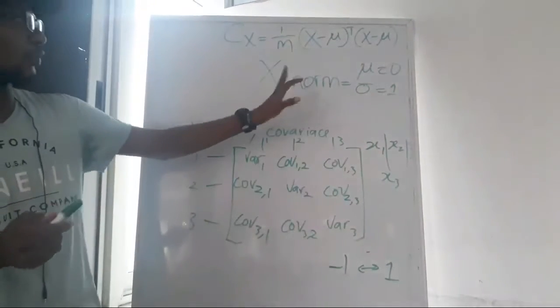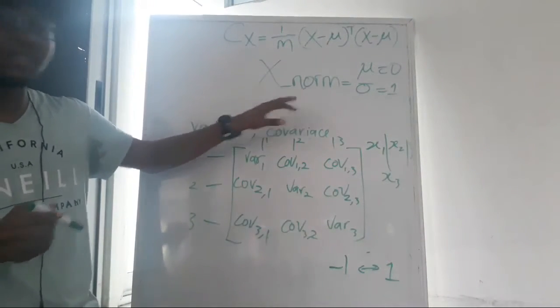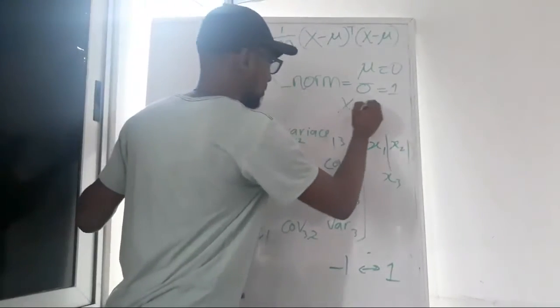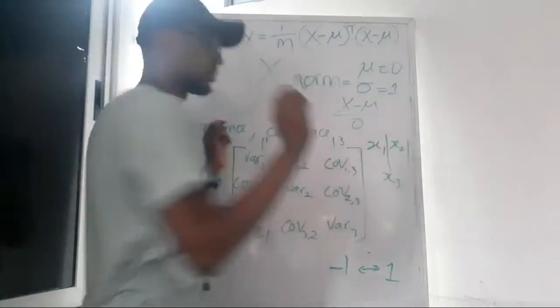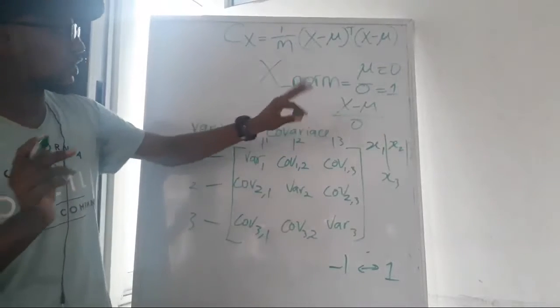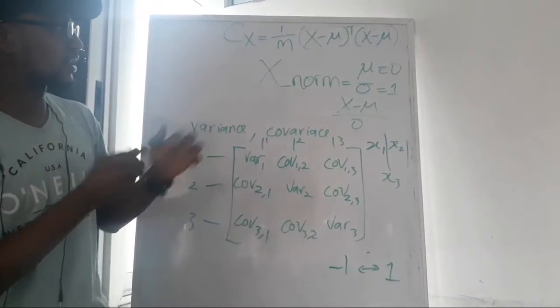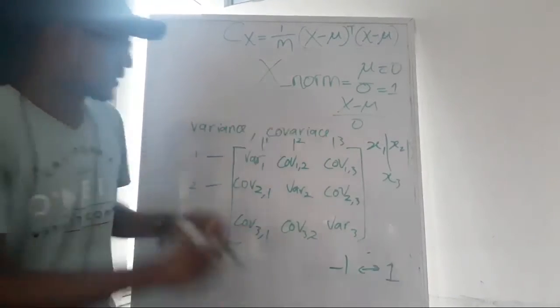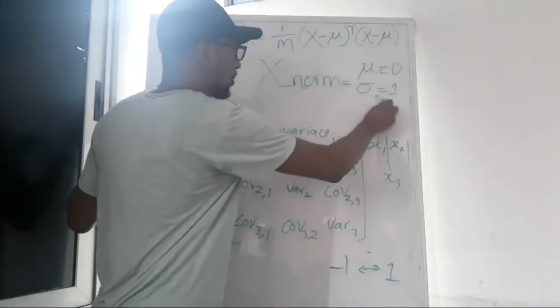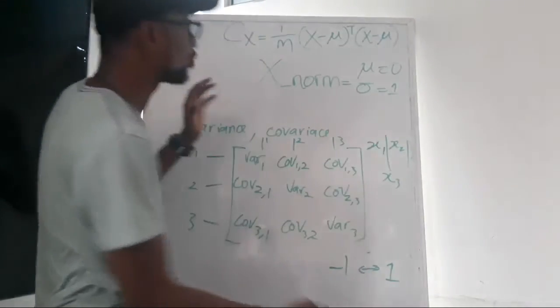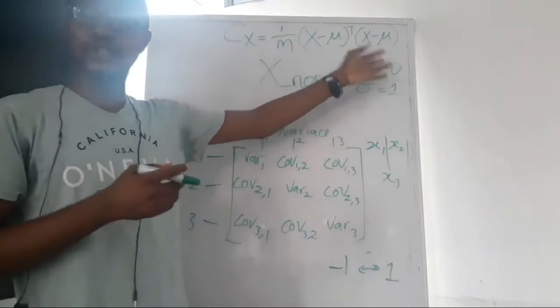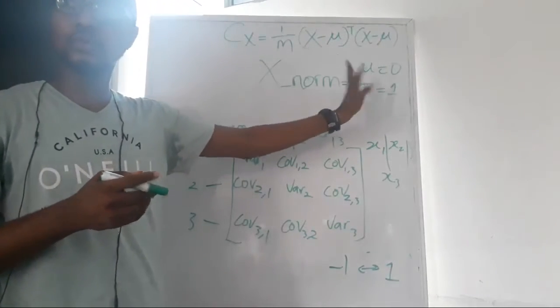So our new feature matrix has a mean of 0 and standard deviation of 1.